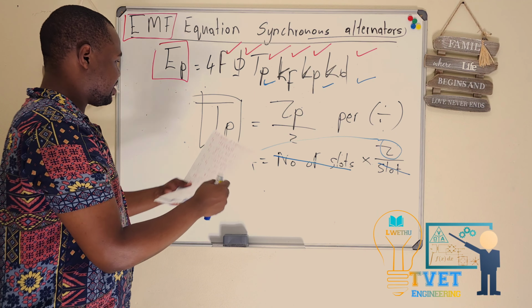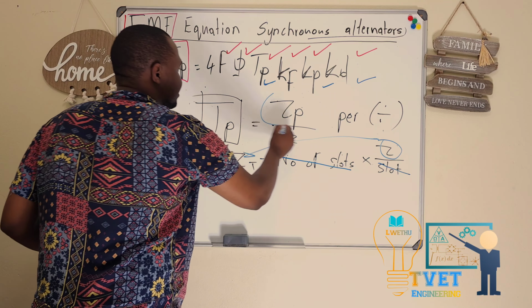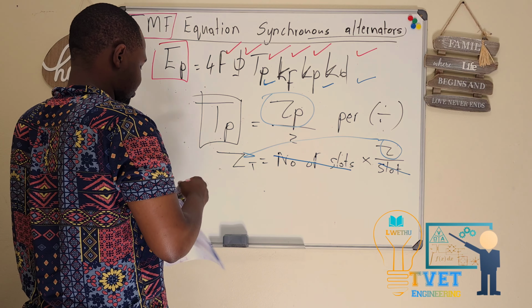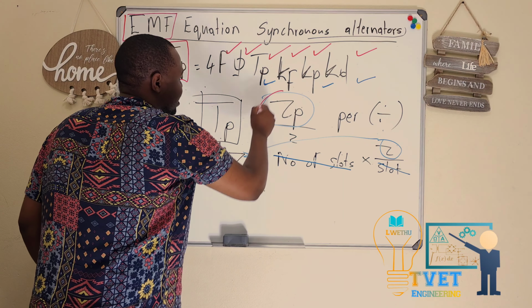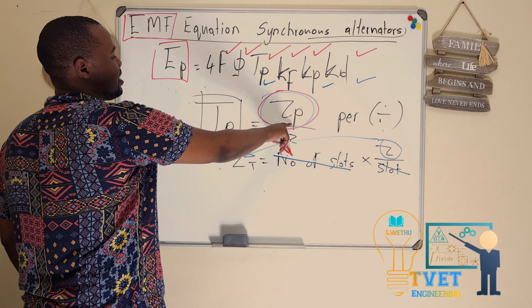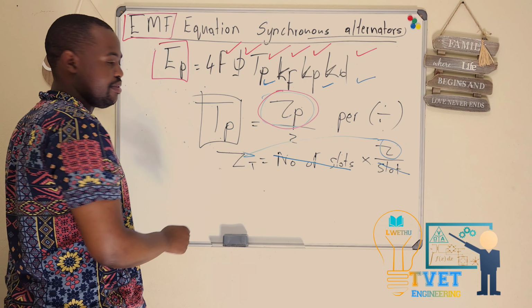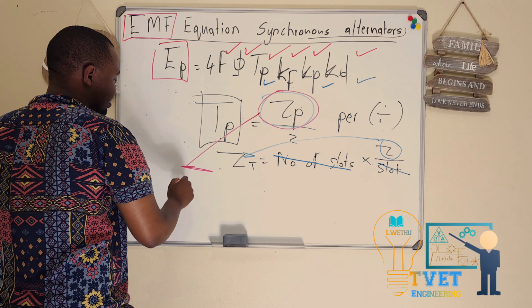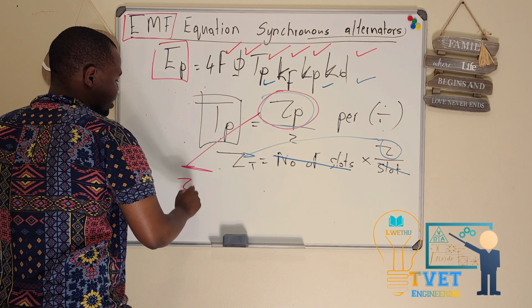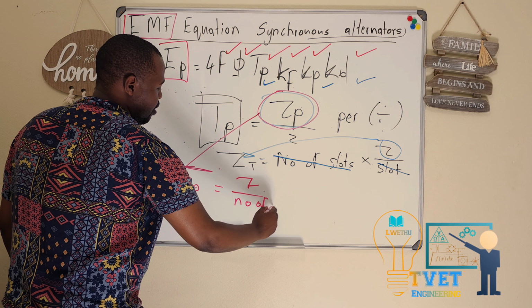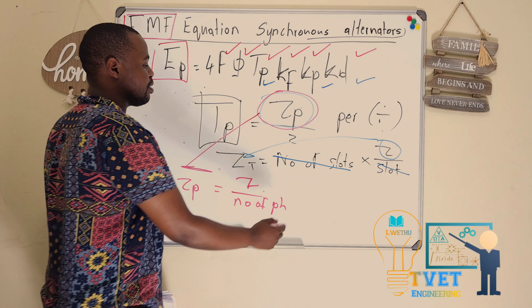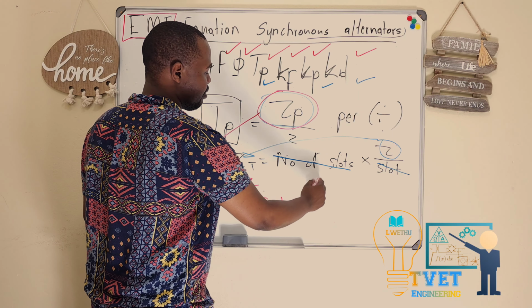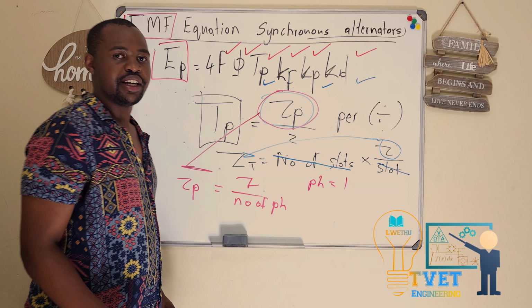As I've said, Zp is the conductors per phase, meaning Zp is Z divided by the number of phases. Normally we talk about 3 phase, but in single phase we only have 1 phase.